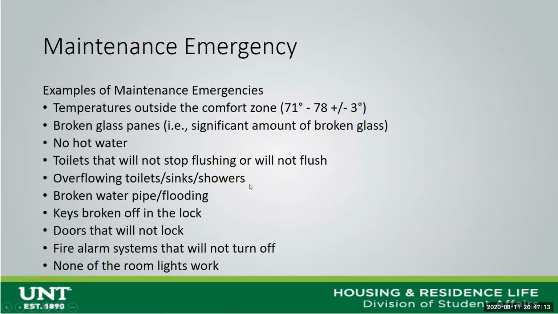Broken water pipe or flooding, definitely a maintenance emergency. The key is broken off in the lock, door will not lock, fire alarm system that will not turn off, and none of the room lights work. Those are all maintenance emergencies.